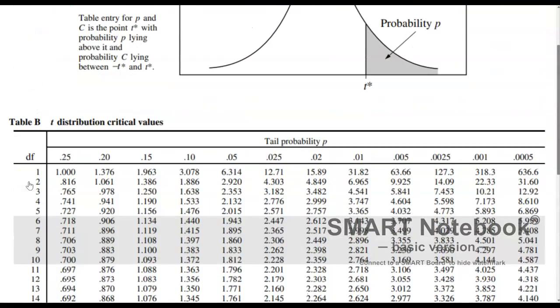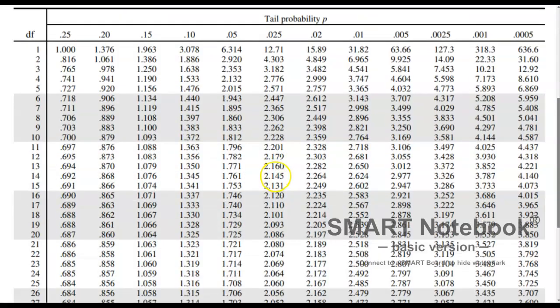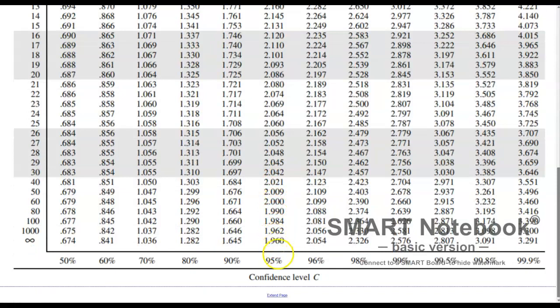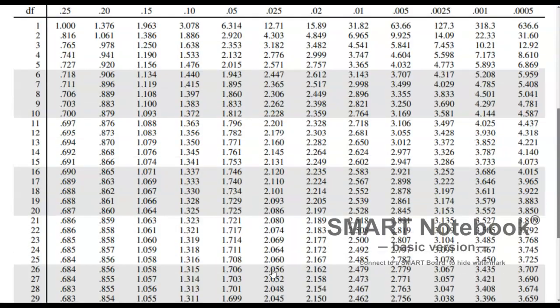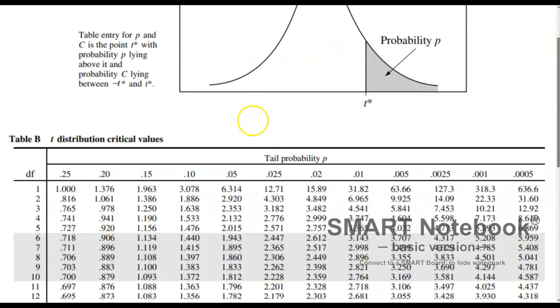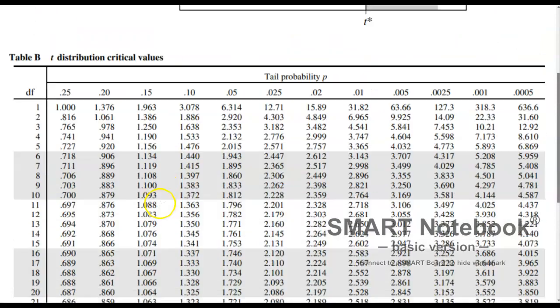That's the rule of thumb. Here you also have your tail probability, so 0.025. We go straight down, and you've got a 95% confidence level. That's because we've got two tails, one to the left, one to the right. Keep that in mind.